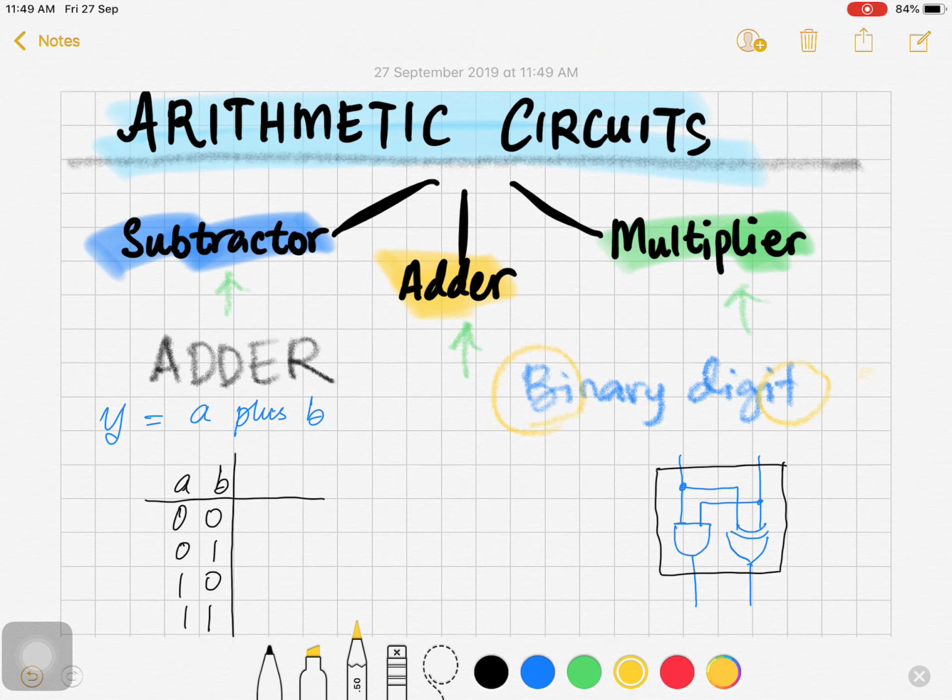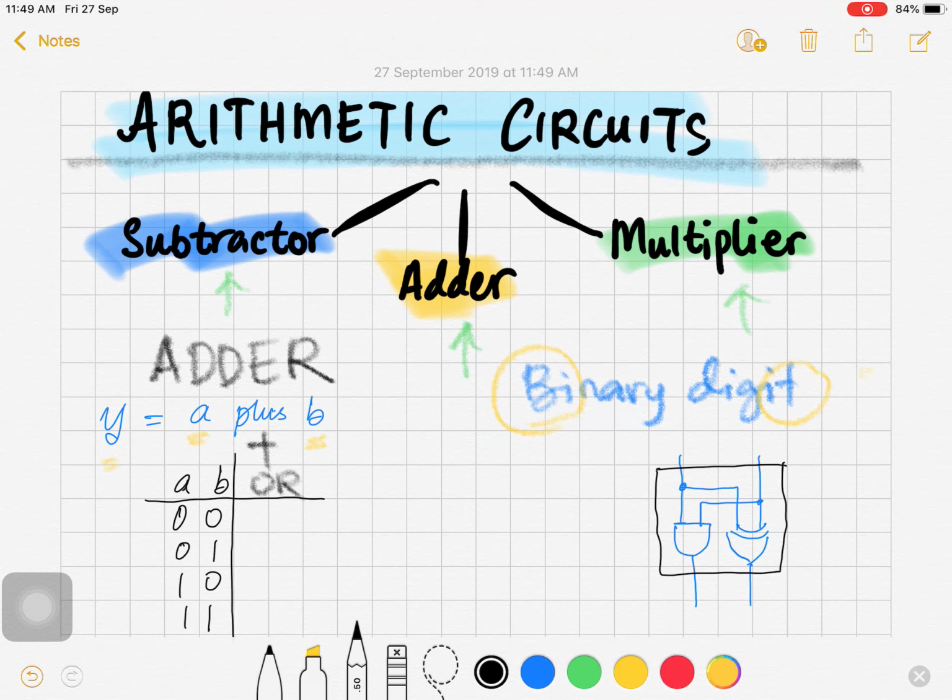Imagine that we have two 1-bit numbers, namely A and B. So let's write y equals A plus B. Here A and B are 1-bit numbers. A and B are the inputs and y is the output. Here I avoid using the plus sign, this sign, to avoid confusion with the logic OR operation, because mostly we use this to represent OR.